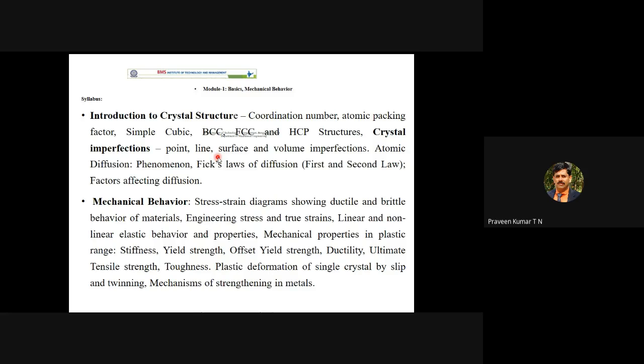Can you think about even simple bathroom taps? If you slightly open the tap, initially the water flow rate is very, very small. Once it is opened completely, the flow rate is initially very slow, then it increases and reaches one state. That is the steady state.